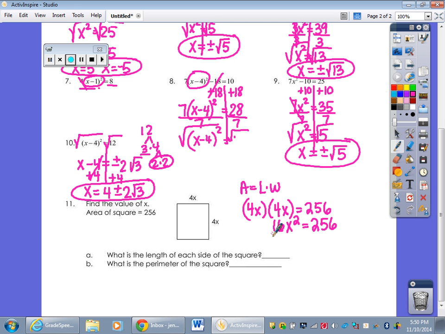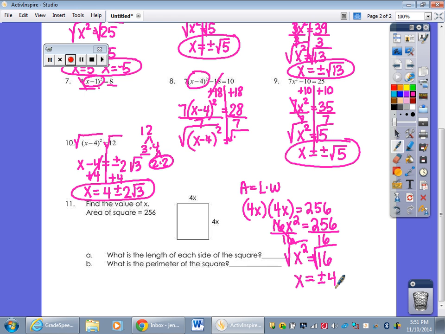Okay, so we divide by 16. Let's see, that's going to be 16. 256, yes, 16. And then to find x, we take the square root of x squared, and we get x is equal to plus or minus 4.